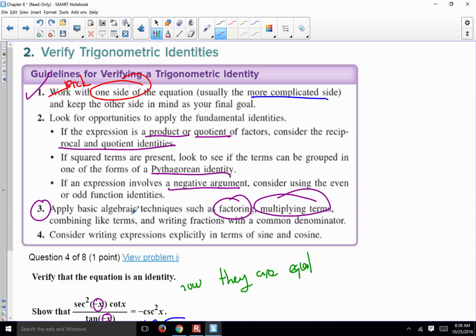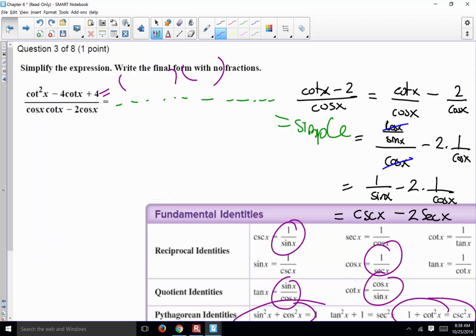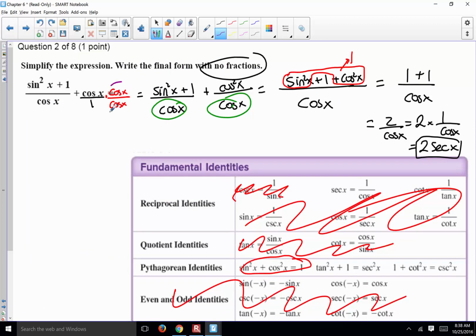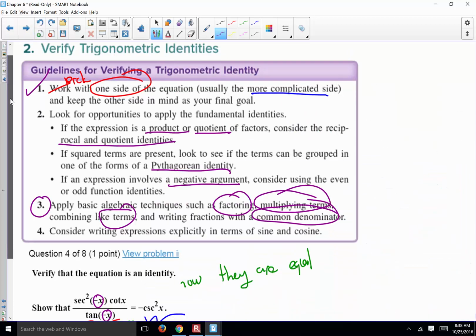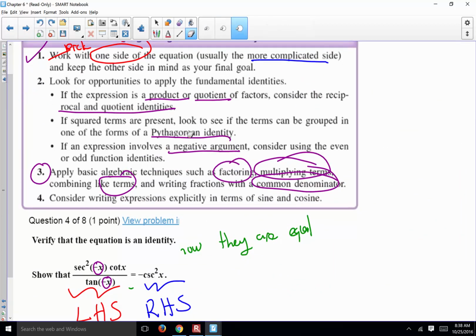Combine like terms, like 1 plus 1 is 2. And you may need to write common denominators. Haven't we done common denominator work here? We got the common denominator and combined fractions. I think one important trick that is applied all the time is missing here. Let me add it.